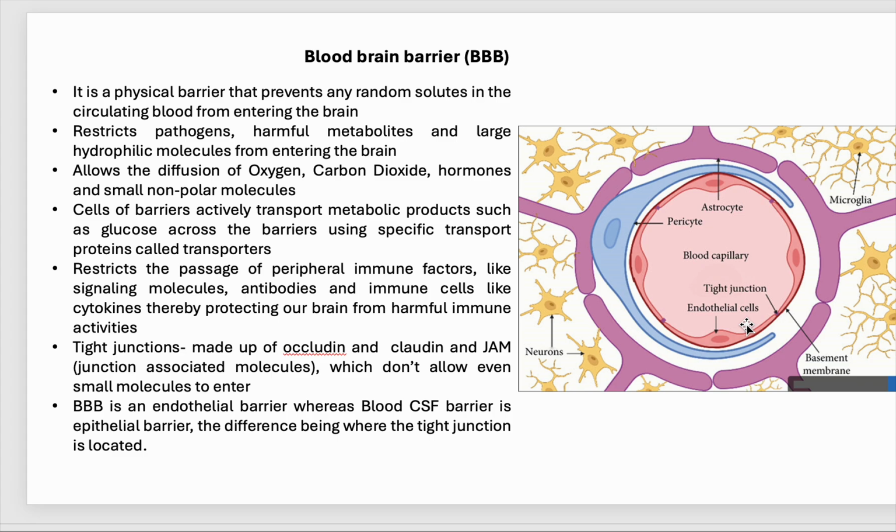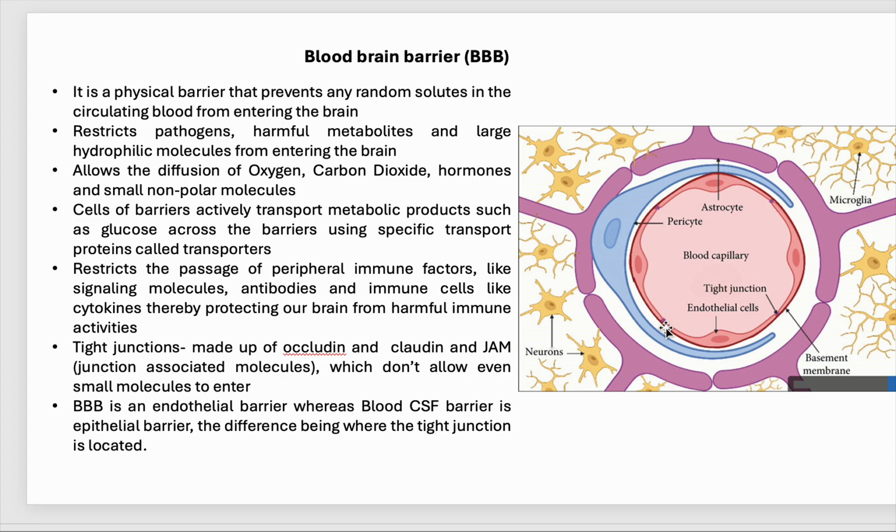The difference between blood brain barrier and blood CSF barrier is the blood brain barrier has endothelial cells in the tight junction, and in blood CSF barrier they have tight junctions made in epithelial cells, not endothelial cells. This is the only difference.